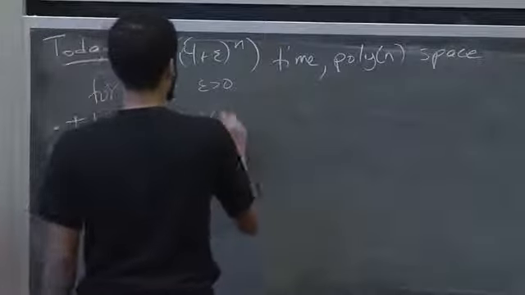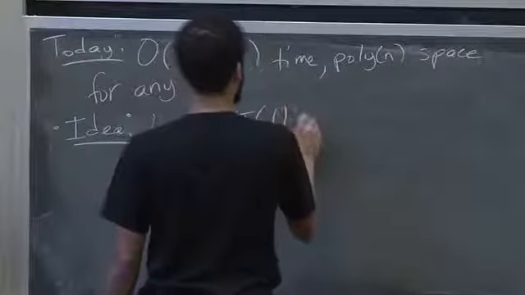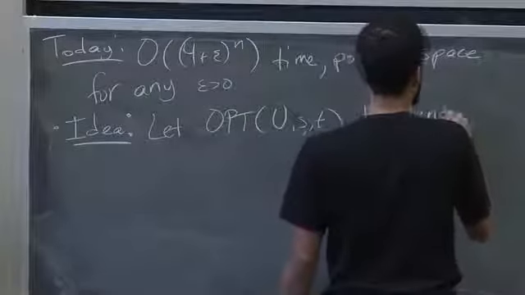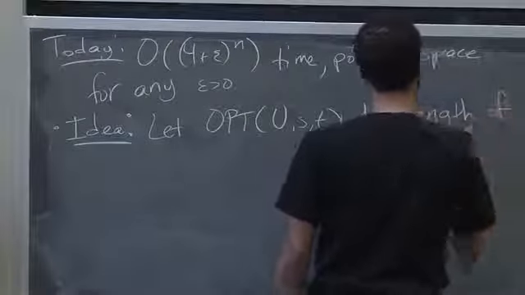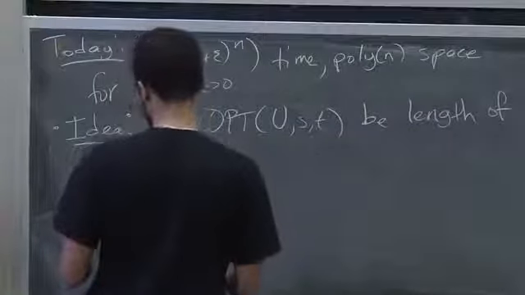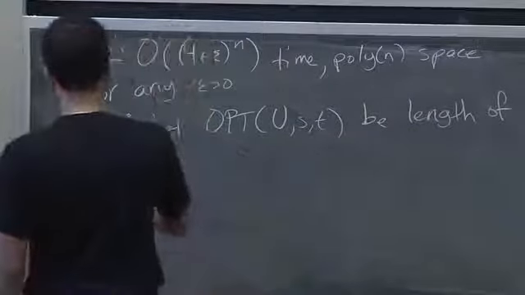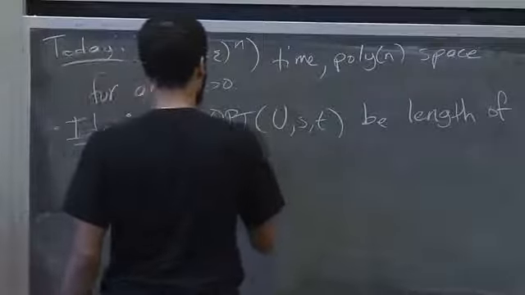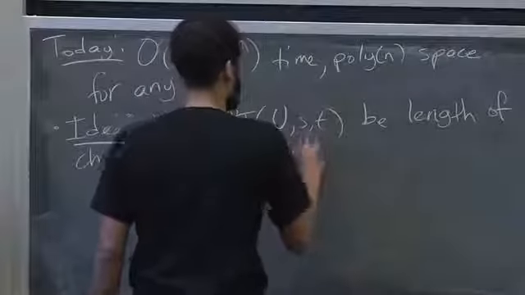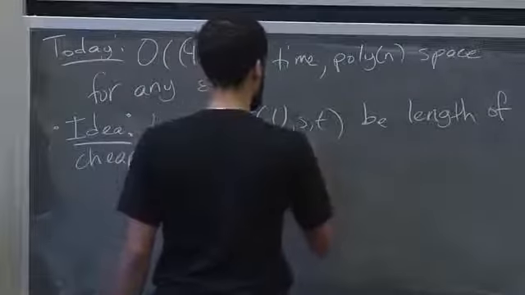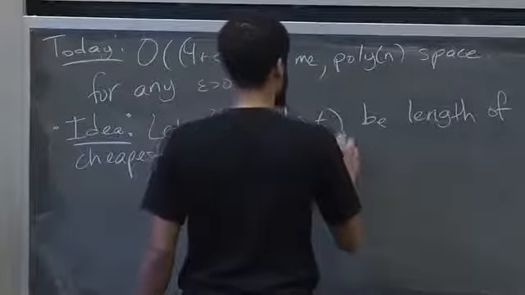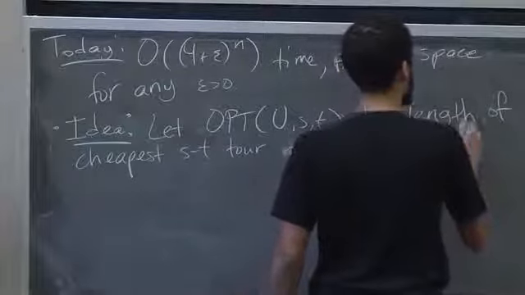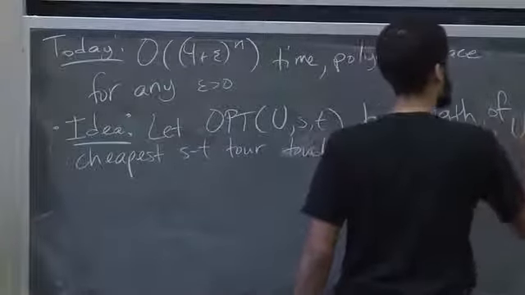Let opt UST be the length of the cheapest ST tour touching each point in U once.